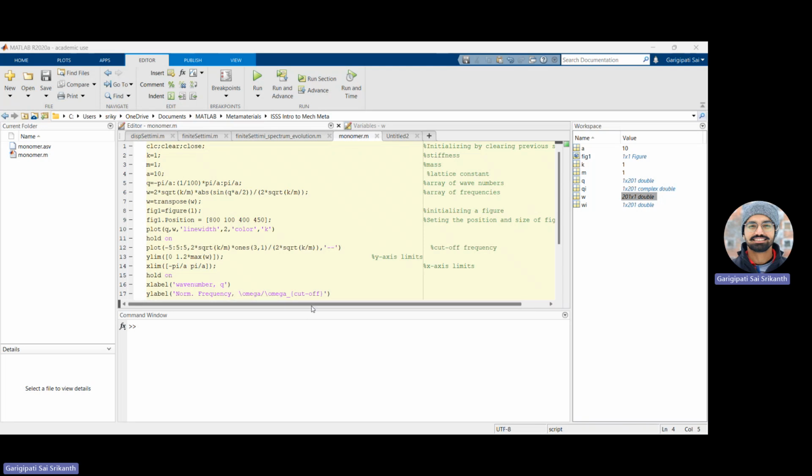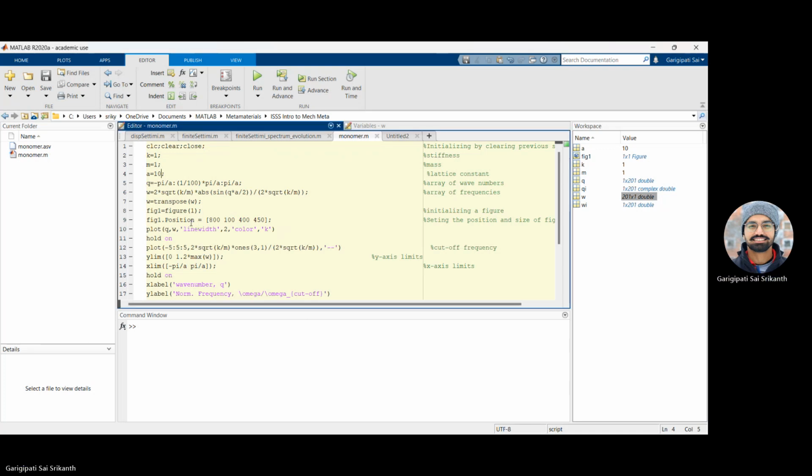I will normalize the x-axis also. Think in terms of pi by.